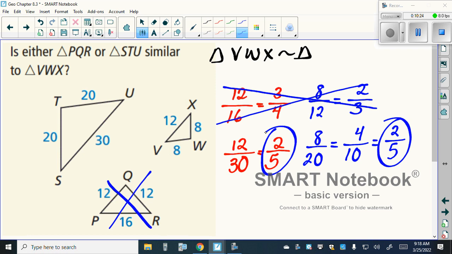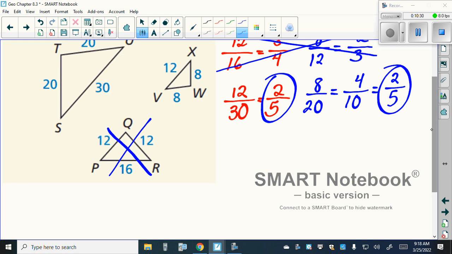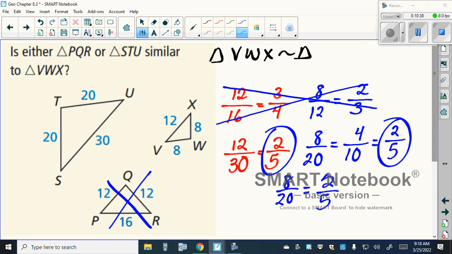Those are the same. Yeah, because the other side is 8 over 20, which we reduce to 2 fifths. So this would be STU.